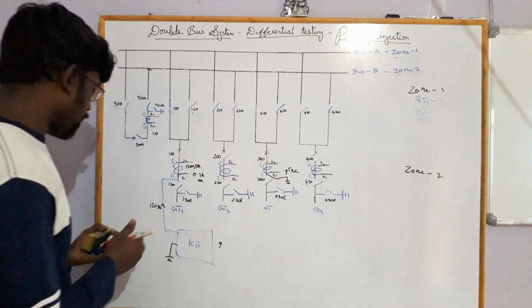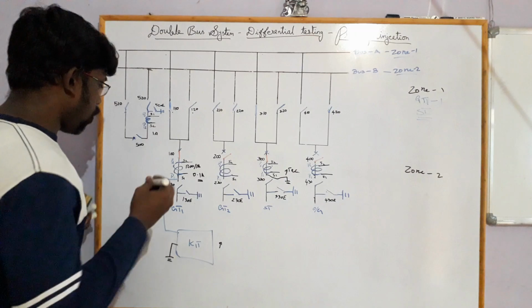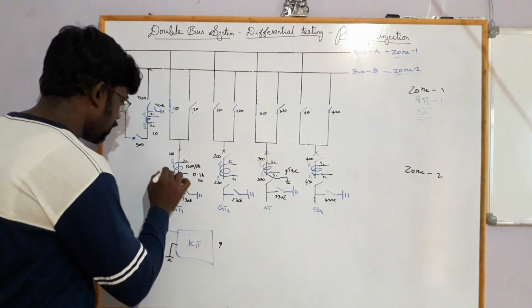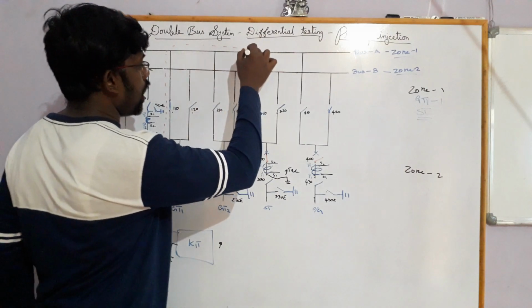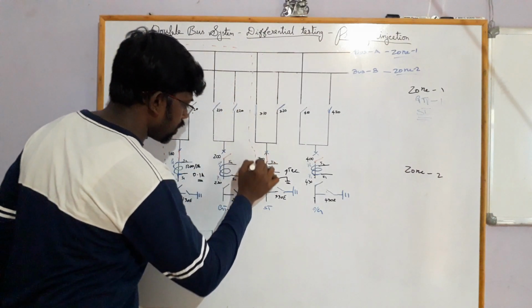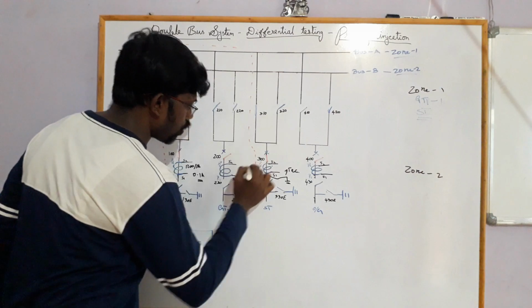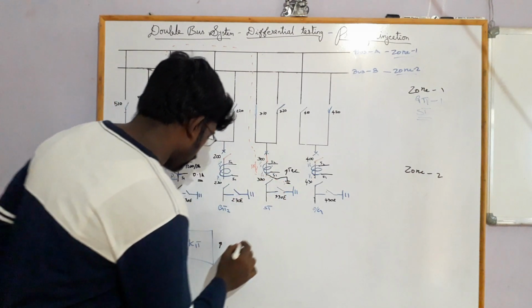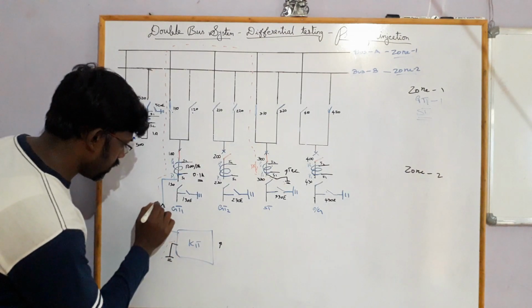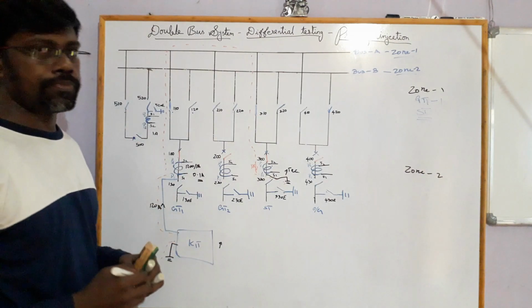Now, when I inject the current here, it takes this path and comes to here. Here it goes 120 amps. The same way it comes to earth, and from the earth it gets a closed path.